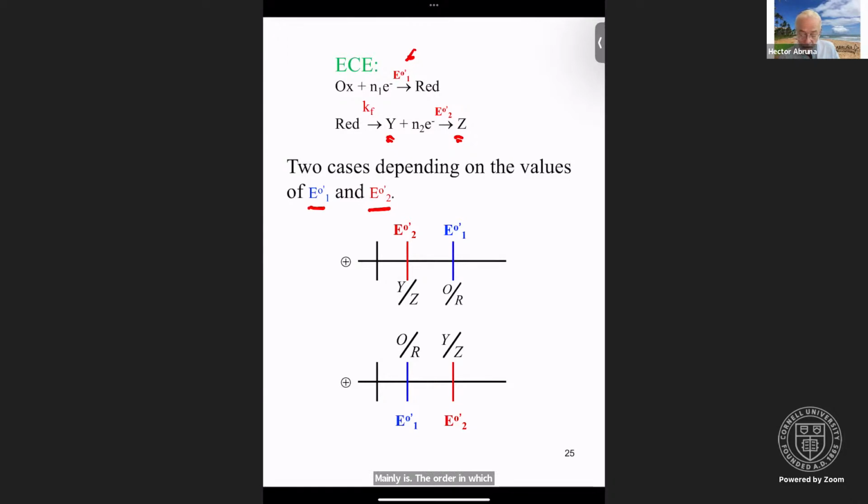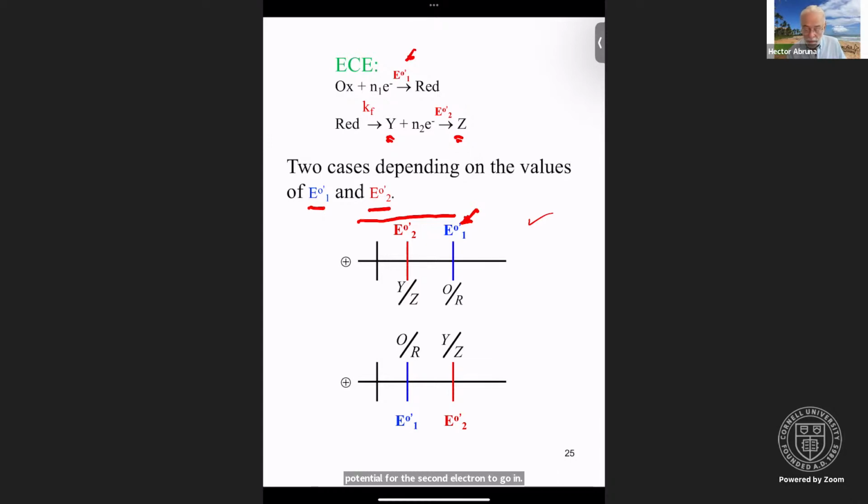So for example, if we look at this case, if we're sweeping the potential, we first encounter E0 prime 1, as shown here and on top, when Red converts into Y. The second redox process, E0 prime 2, is well before the E0 prime 1, meaning that there's a large overpotential for the second electron to go in.